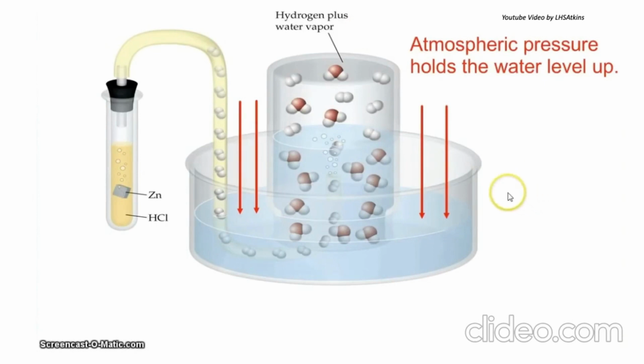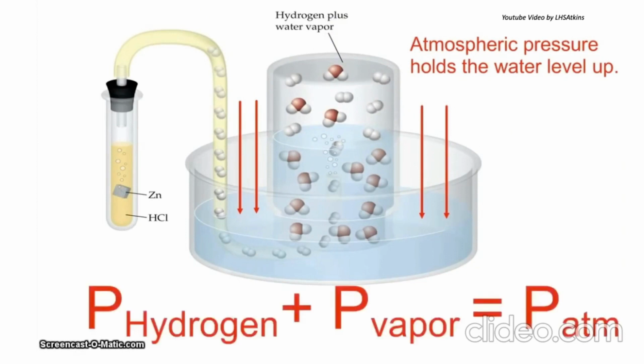We want to figure out what the hydrogen pressure is, because that's our sample, but we have this water also happening. One thing we do know is that the mixture here will push down equal to atmospheric pressure. So this turns out to be a Dalton's law problem.